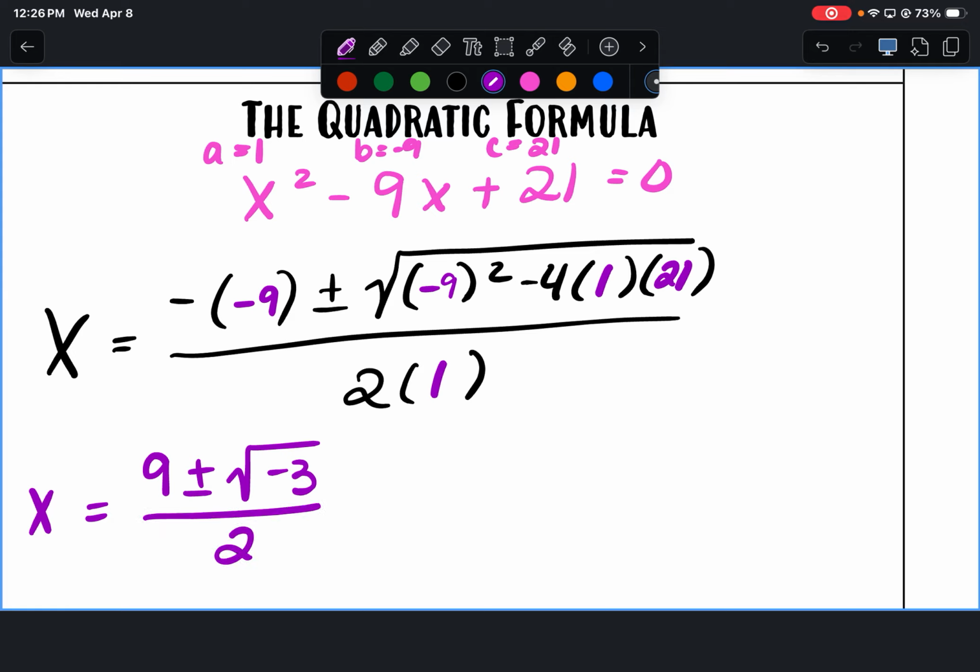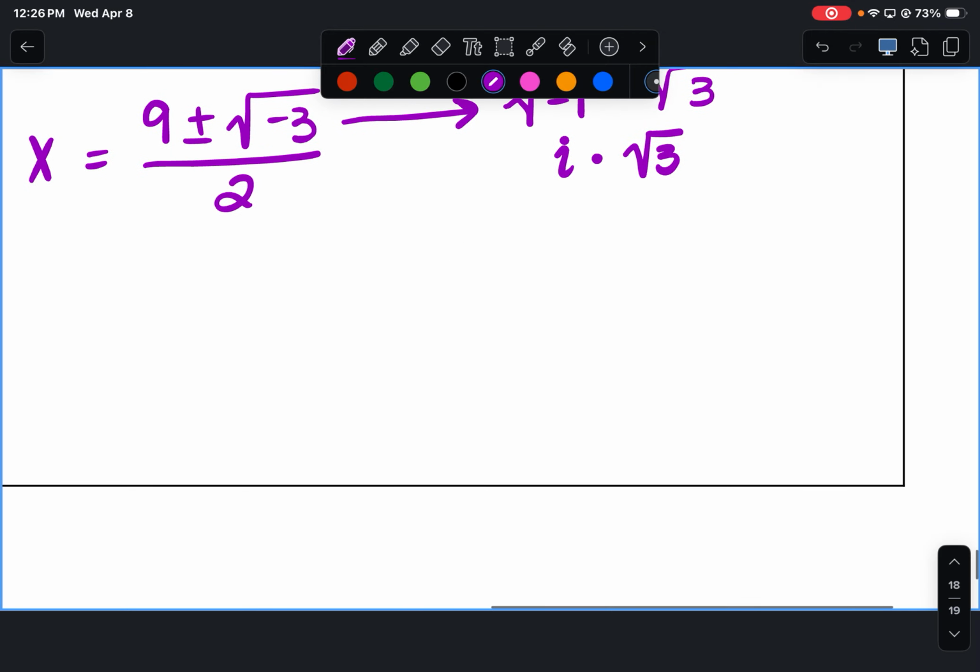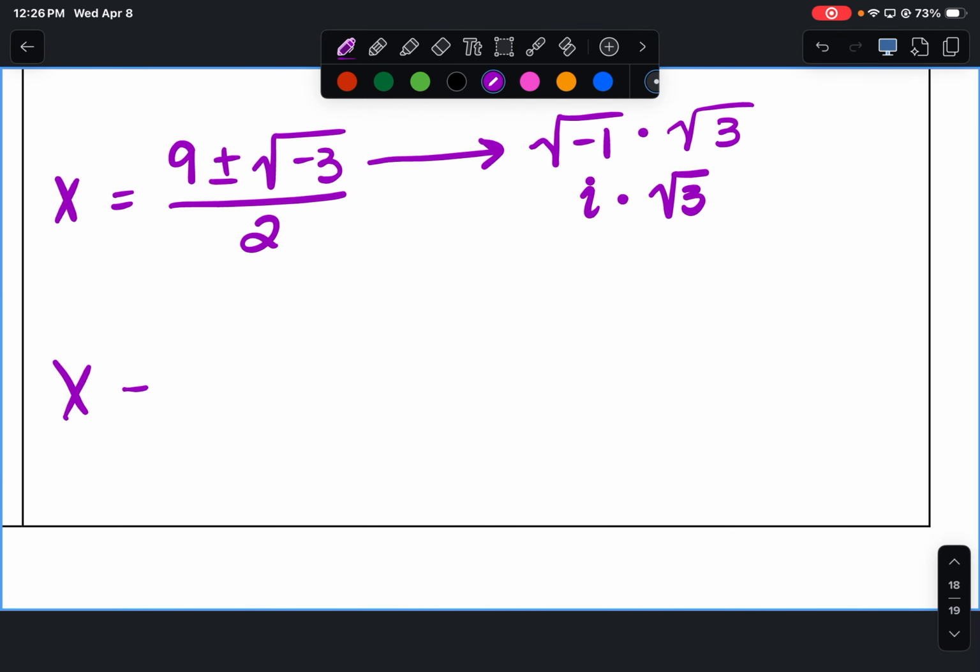Well, we need to know which one it is. So we're going to solve this by factoring. We're going to write down 3x squared minus 22x plus 7 equals 0.